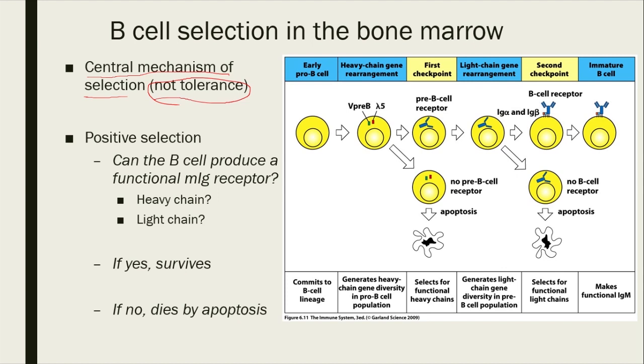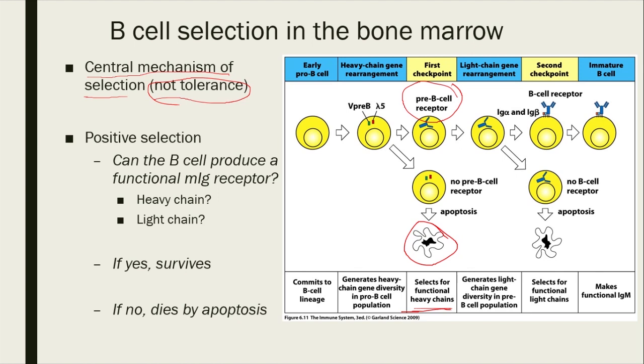Remember, there's a positive selection. Basically, through this pre-B cell stage, it's checking whether the B cell can produce a functional immunoglobulin receptor. In the first stage we look at the heavy chain first. Do they have a heavy chain? If they don't have a heavy chain, they go through the apoptosis process. They are not going to be propagating.